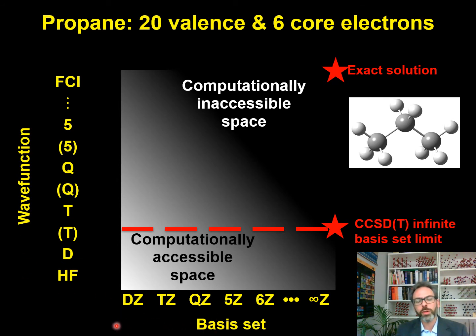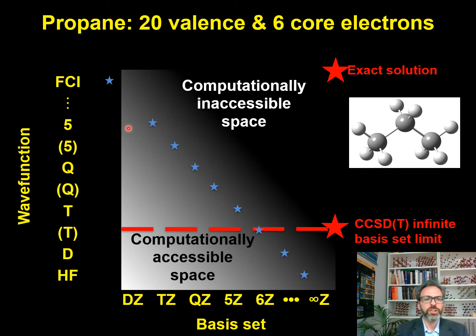And the key point to note in this Pople diagram is that as we include more and more electronic excitations in the wave function, the computational cost increases in an exponential manner, and we can run these calculations only using smaller and smaller basis sets. So by the time we include all possible excitations in the wave function, we can afford these calculations with a very, very small basis set, which for propane would be smaller than a double zeta basis set.